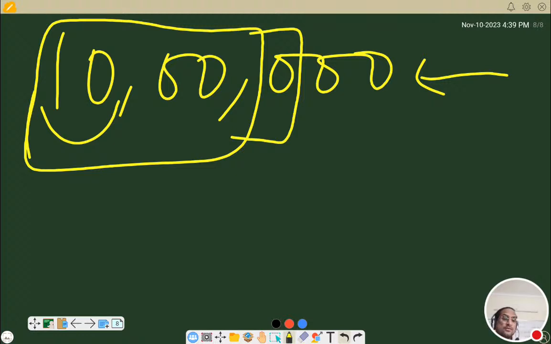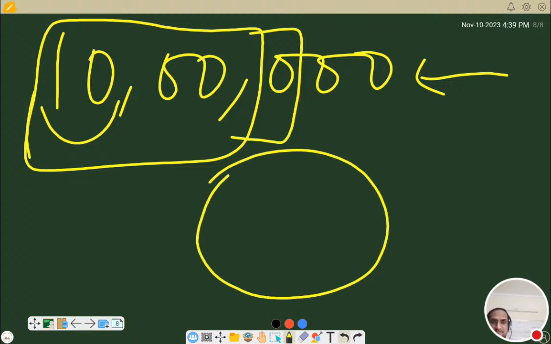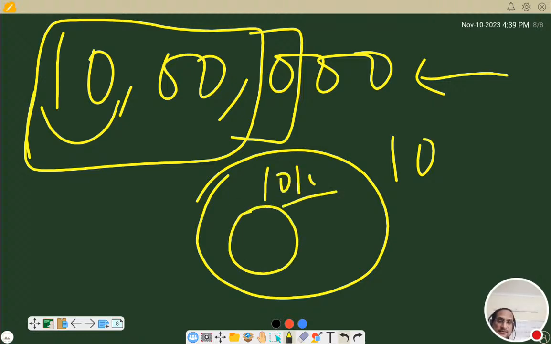So we'll try to make it as representative as possible. This is your population, total number of students, 10 lakh students. Out of that we selected 10,000 students, 10k. Here it is 10 lakh.